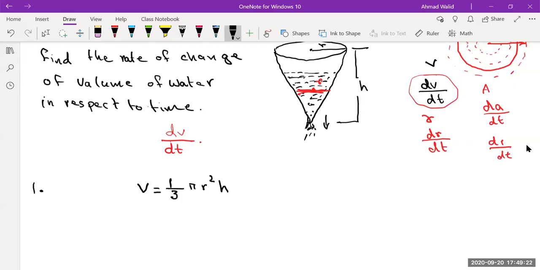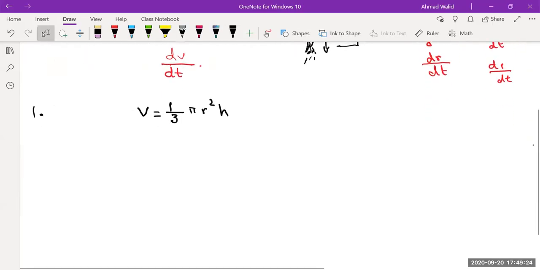Let's do it. I think all of you know how to take the derivative of this formula in respect to t. But remember, you are using implicit derivatives here because there is no t. I take the derivative of both sides in respect to t, but I'll use the implicit derivative to do that.